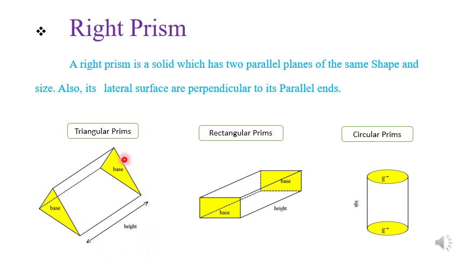So when you see a figure that has two parallel planes with the same shape and size, and its lateral surface perpendicular to its ends like this, we say that solid is a right prism.